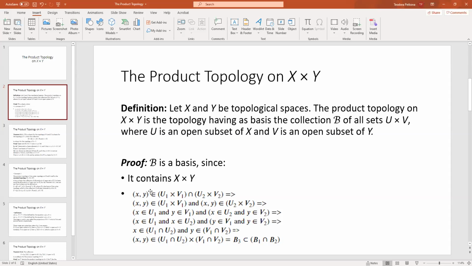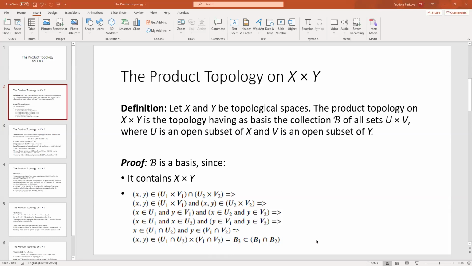What we have here in the second point is a proof that if the point (x, y) belongs to the intersection of the cross product of U1 and V1 and the cross product of U2 and V2, then step by step we get that the point (x, y) belongs to the cross product of the intersection of U1 and U2 and the intersection of V1 and V2, which by definition is a basis element.